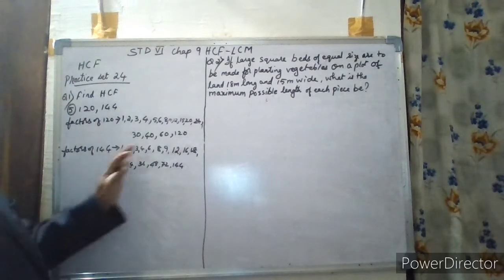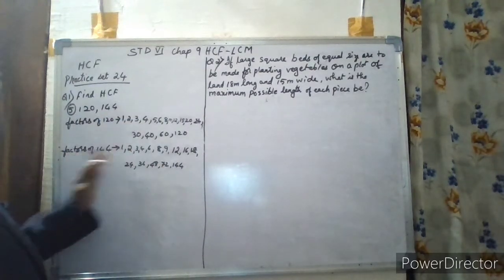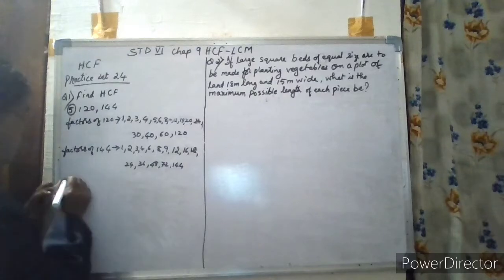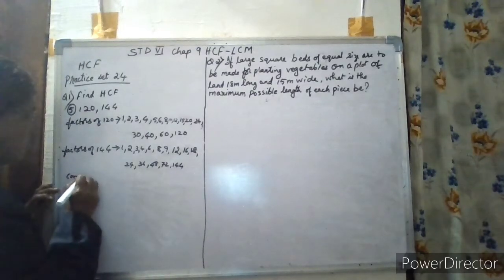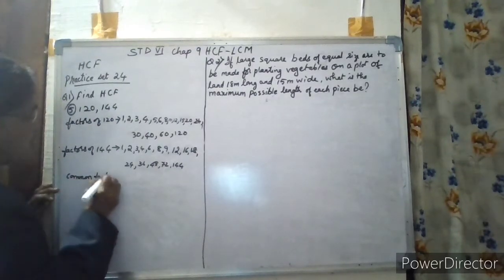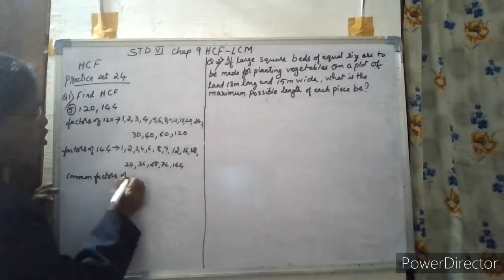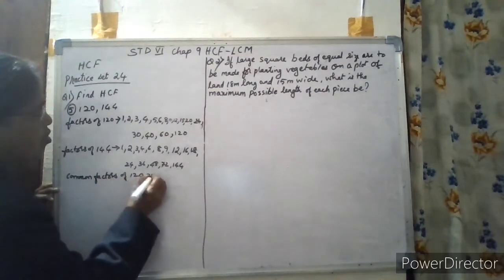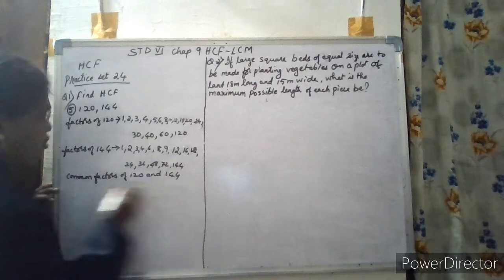In this way we got the factors of 120 and 144. So we'll find out the common factors of 120 and 144.